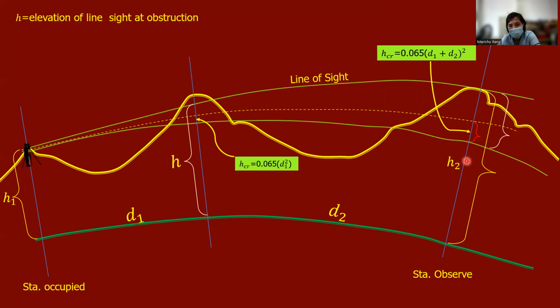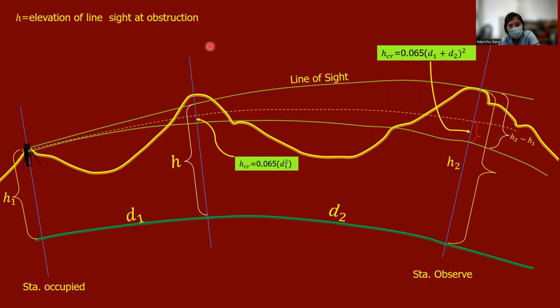Okay, so if this is H1, and then this is 0.65 D1 plus D2, right? How are we going to determine this value? So this is just the difference. If this is H1, and this whole from here to here is H2, therefore, ang length nito ay equivalent to H2 minus H1.